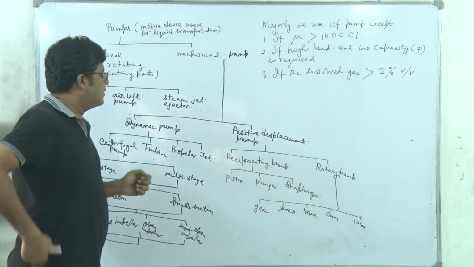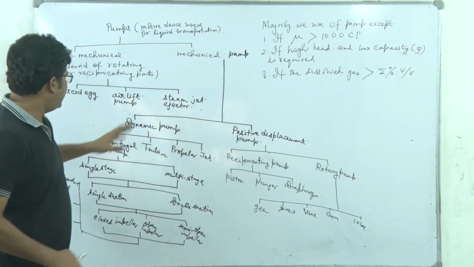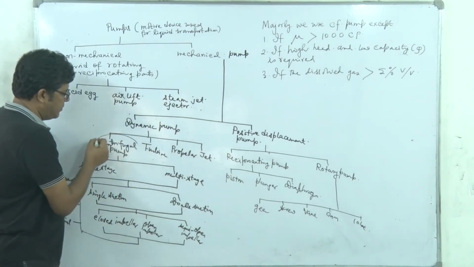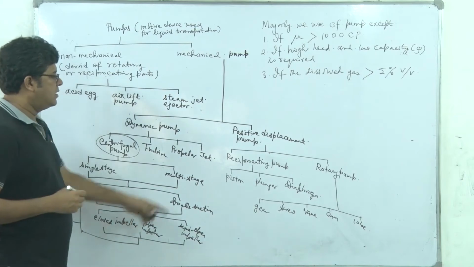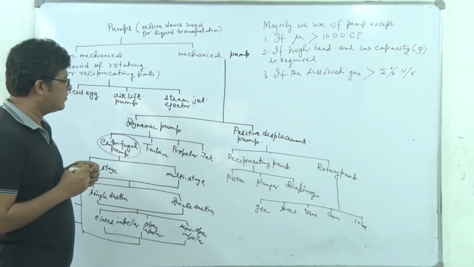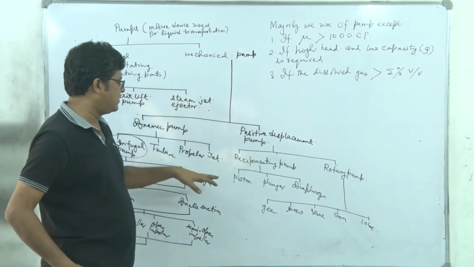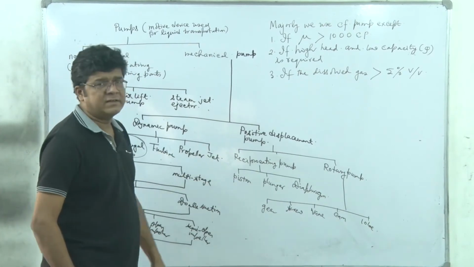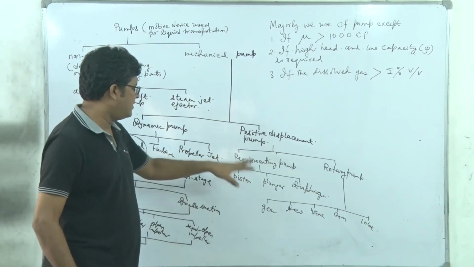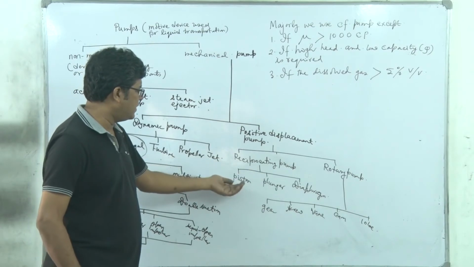Right? On the other hand, we are majorly discussing this centrifugal pump. Now, piston, plunger, etc., we are not going to discuss. Basically, these are covered in standard semester courses, and we don't have questions in GATE.